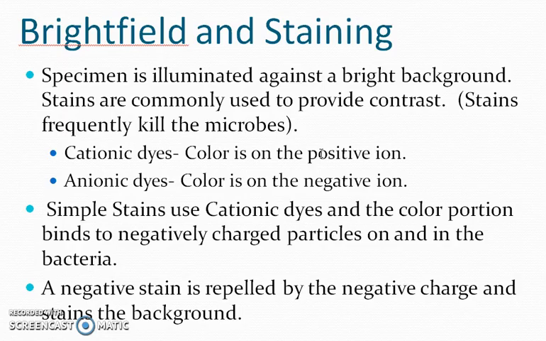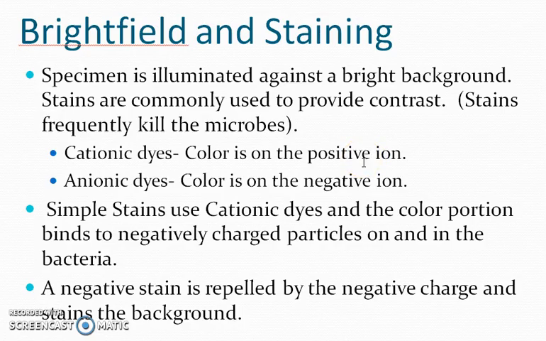So in a cationic dye, the color is on the positive ion, and since bacteria have a lot of proteins and chemicals on their cell surface and inside their cytoplasm that are negatively charged, a cationic dye will color the bacteria by sticking to all of those negative charges.